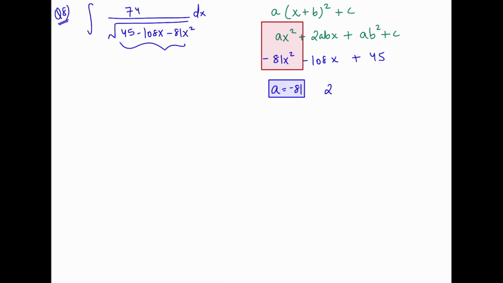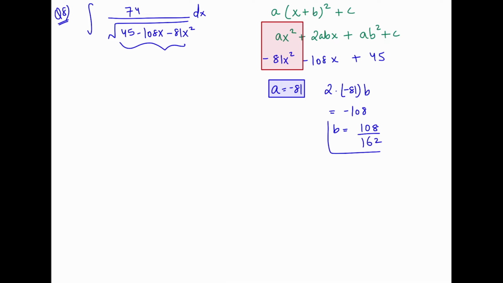I also know that 2 times negative 81 times the B value must equal negative 108. Because if you compare these two now, the 2AB must equal negative 108. So 2 times A times B must be negative 108. That way, you'll get the B value to be just equal to 108 divided by 162.